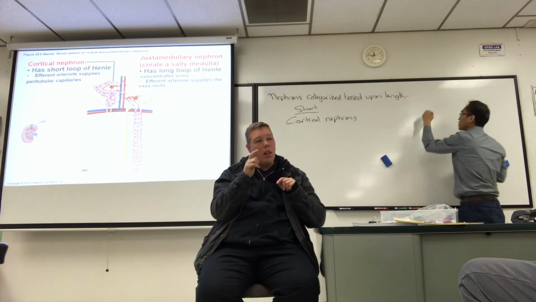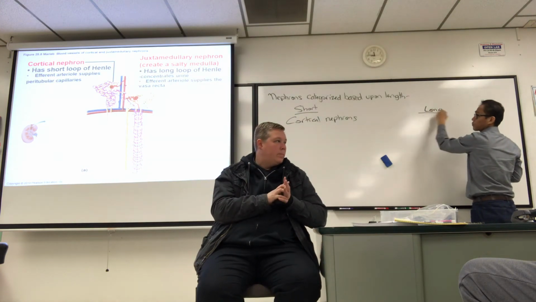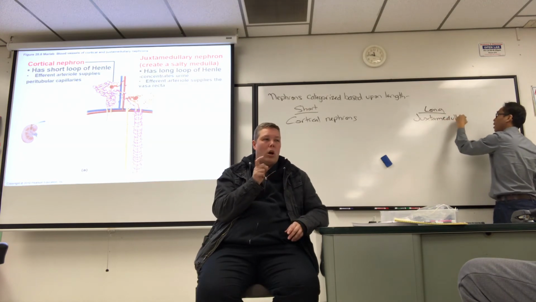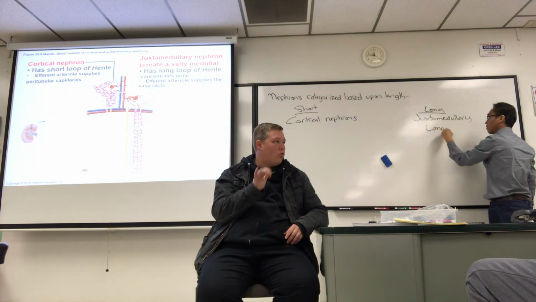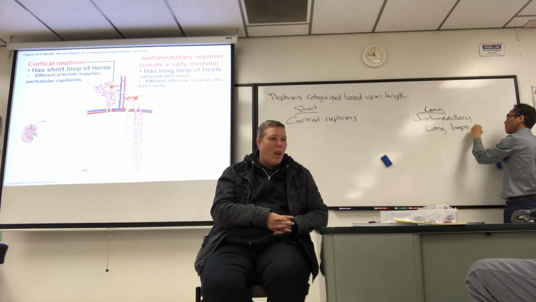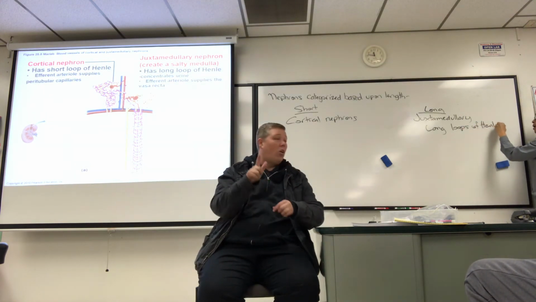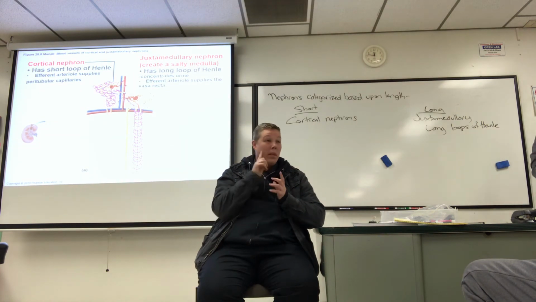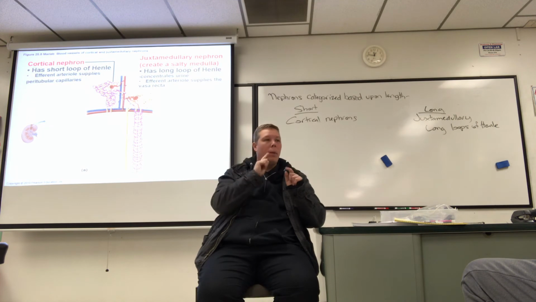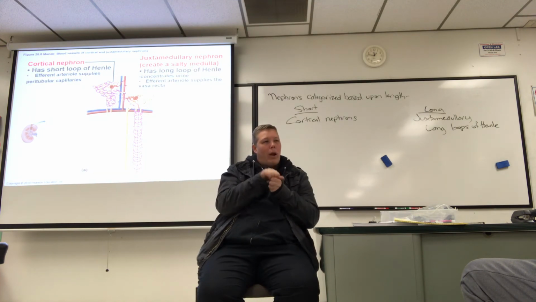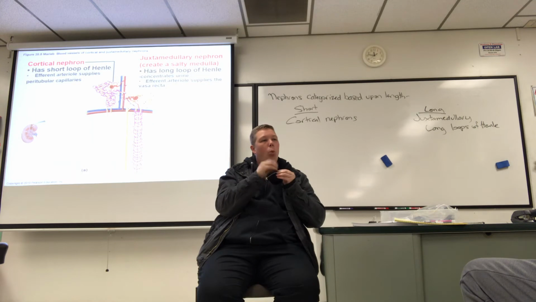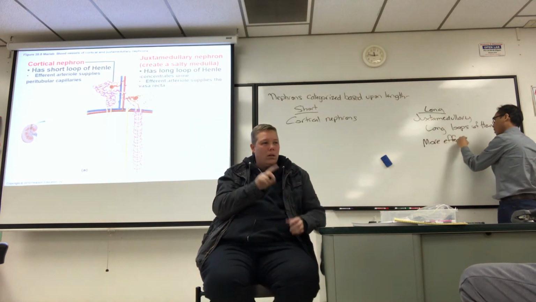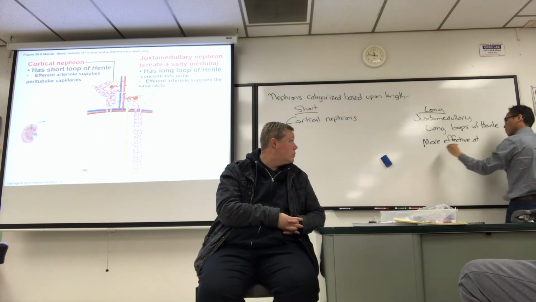If you look at the long ones, the juxtamedullary, they have long loops of Henle. Long loops, and that's important to note. Those longer loops make it more effective for concentrating urine. You can pull more water out of the filtrate, concentrating the urine. More effective at concentrating urine.